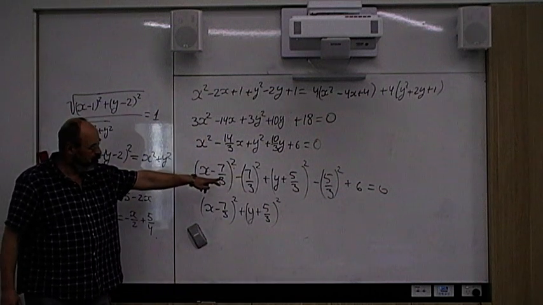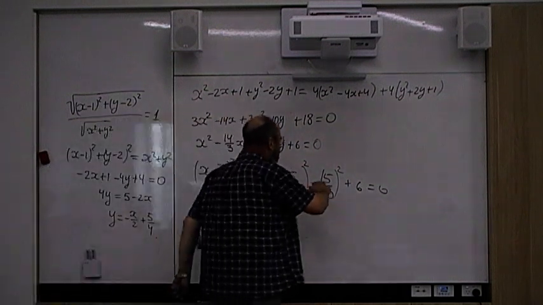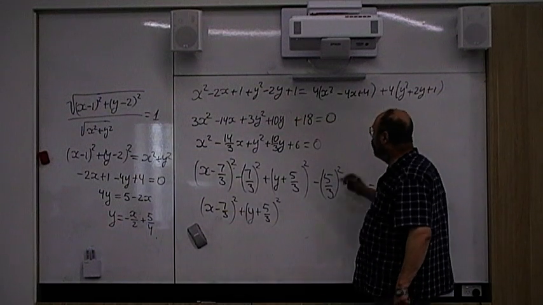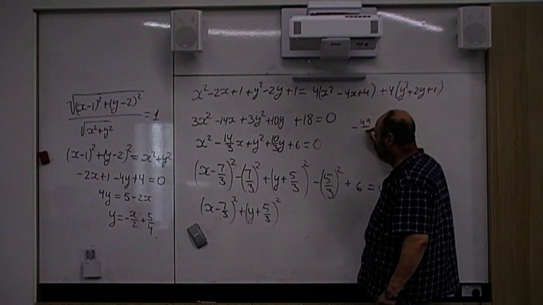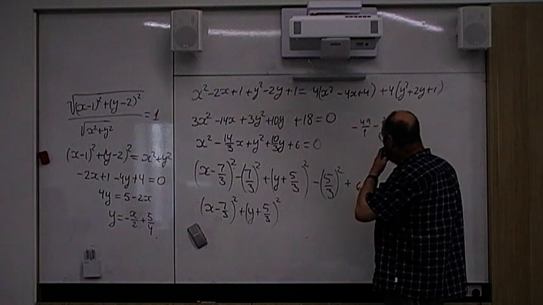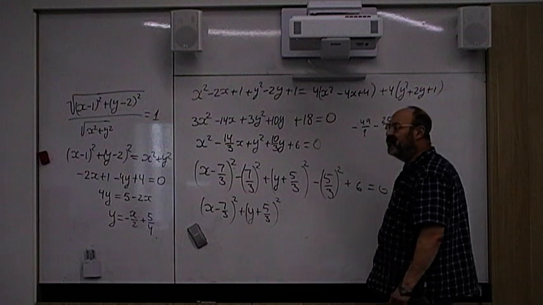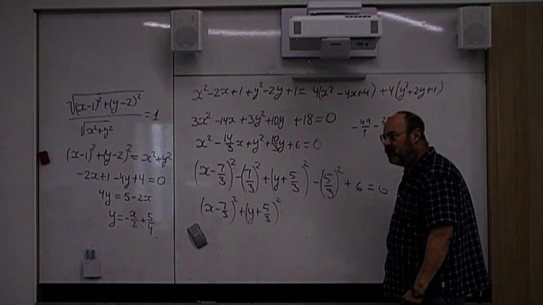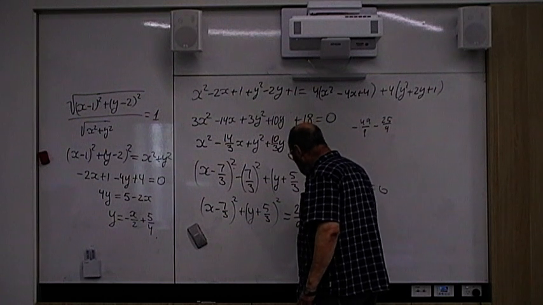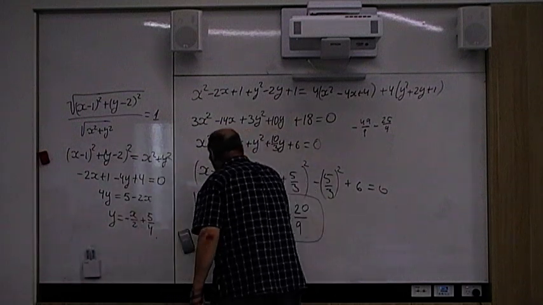What will we have here? 49 on 9 plus 25 on 9 is 74 on 9, minus 54 on 9, so it equals 20 on 9.